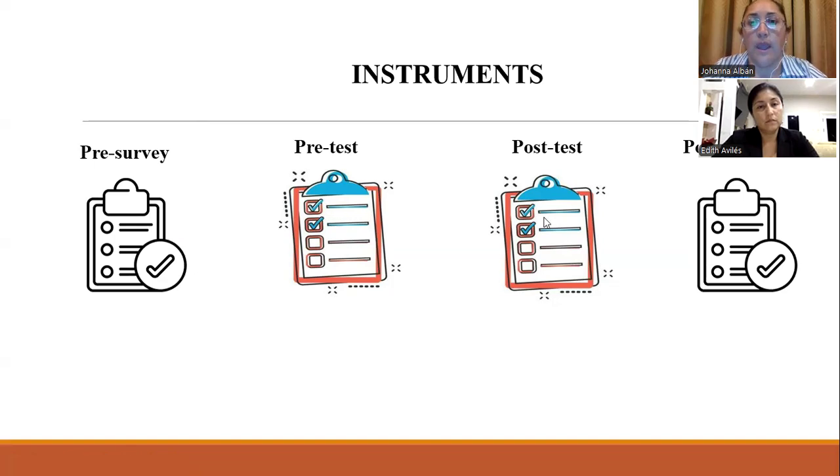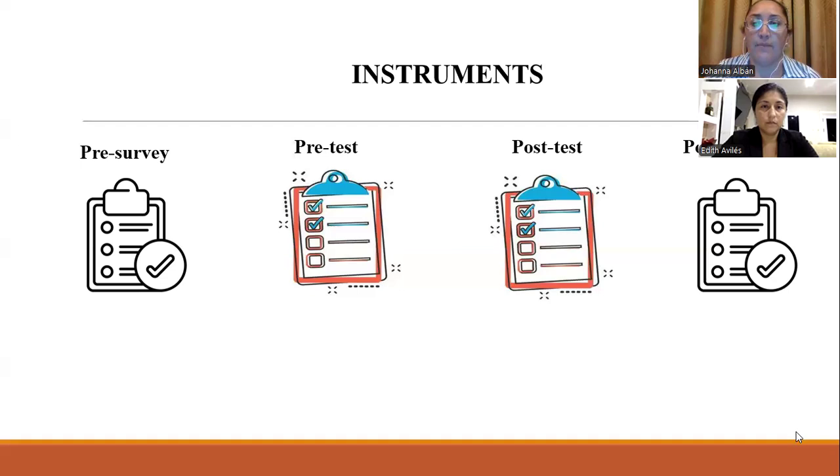The next instrument is the post-test, which helps us to track the student process as well as to identify the effectiveness of the proposal. And finally, we have a post-survey in order to gather information about the students' insights about the use of the CLIL approach in order to improve their reading comprehension.